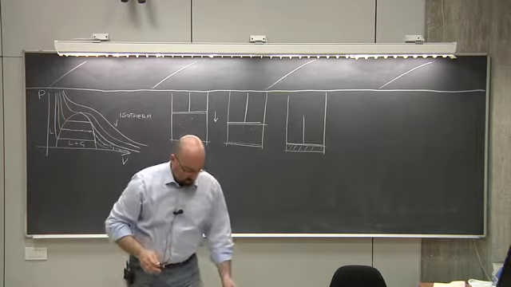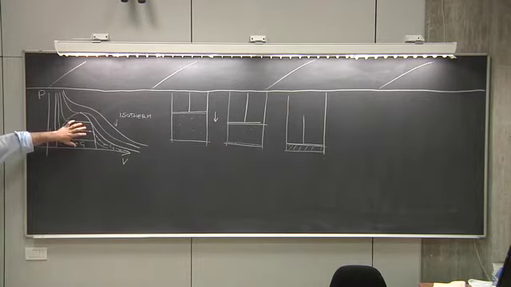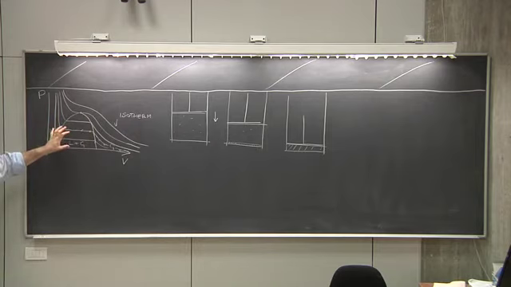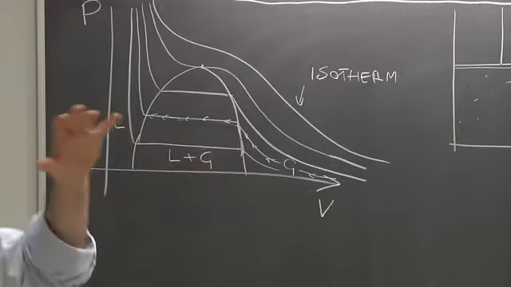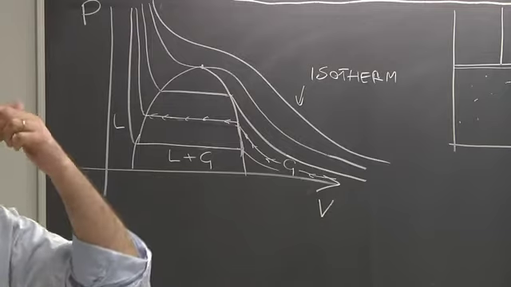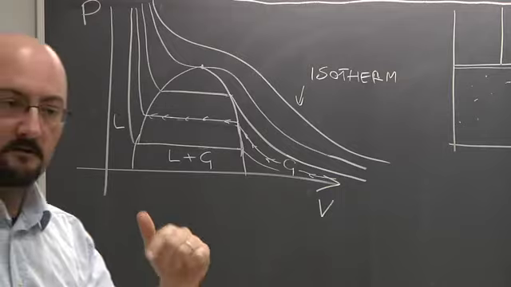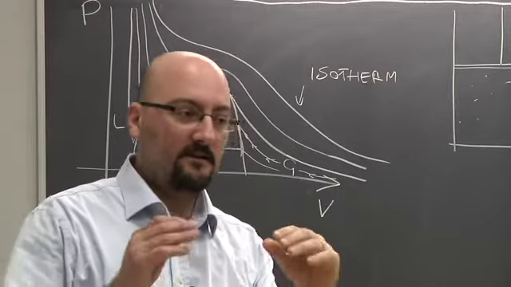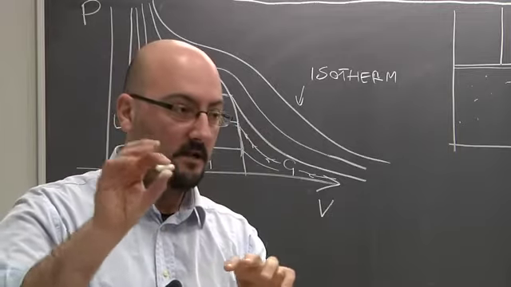Okay, so this phase here is called a phase of coexistence. In this region here, you have both liquid and gas, and they are in equilibrium. From a microscopic point of view, this does not mean that a third of the particles are liquid and two thirds are gas.